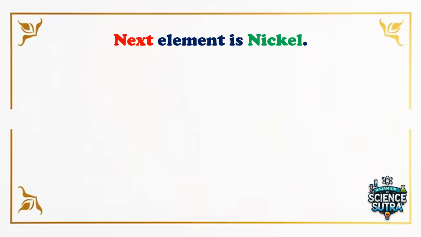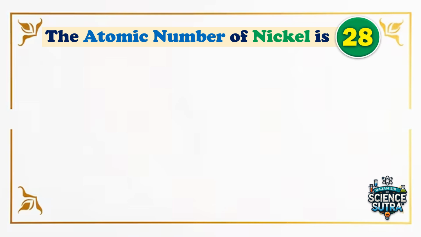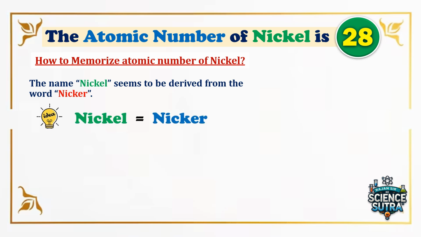Now the next element is nickel. The atomic number of nickel is 28. How to memorize its atomic number? The name nickel seems to be derived from the word knicker. Nickel, knicker. So the idea is nickel is equal to knicker.